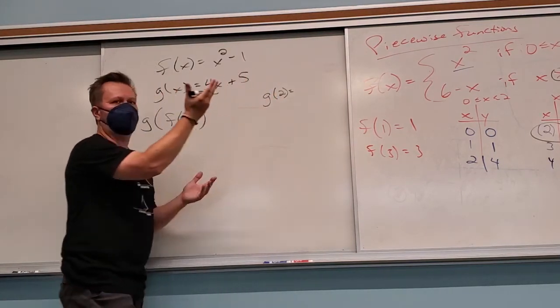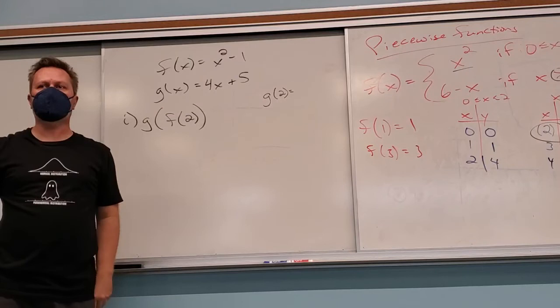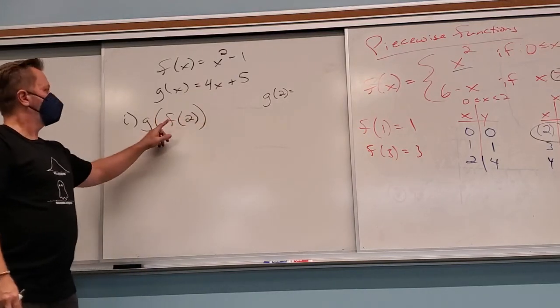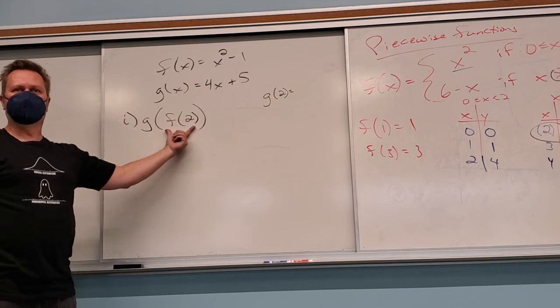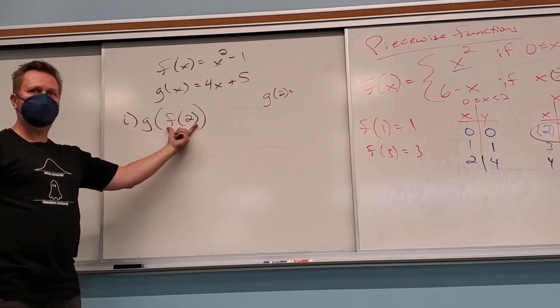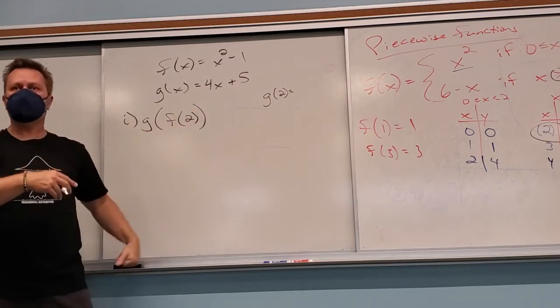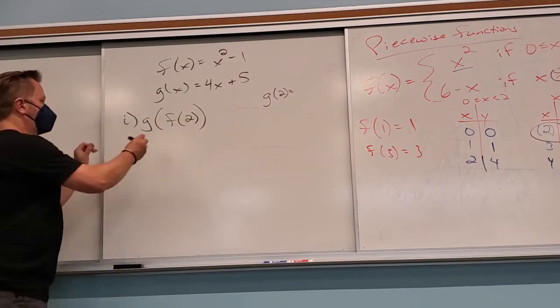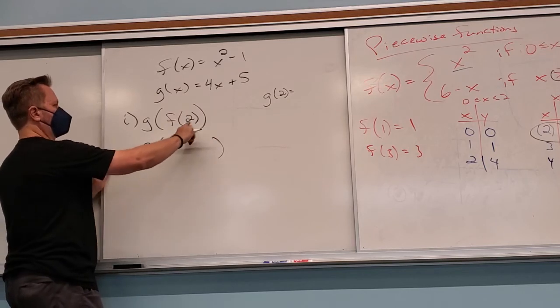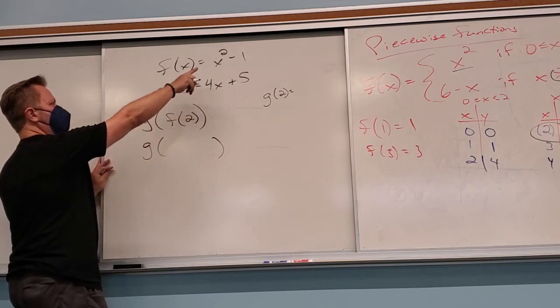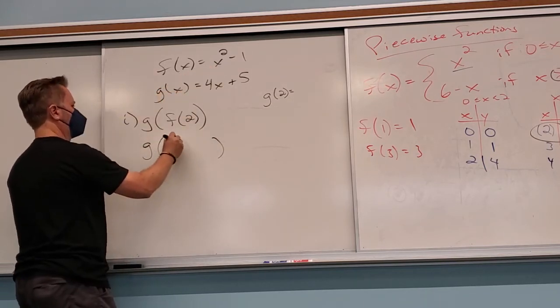If I would have just said, what's g of 2, what would you have done? Plug a 2 into g. But what am I putting into g? Something I don't know yet. So I need to figure out what f of 2 is so I can put it into g. How do I figure out what f of 2 is? Plug a 2 in. So 2 squared minus 1.